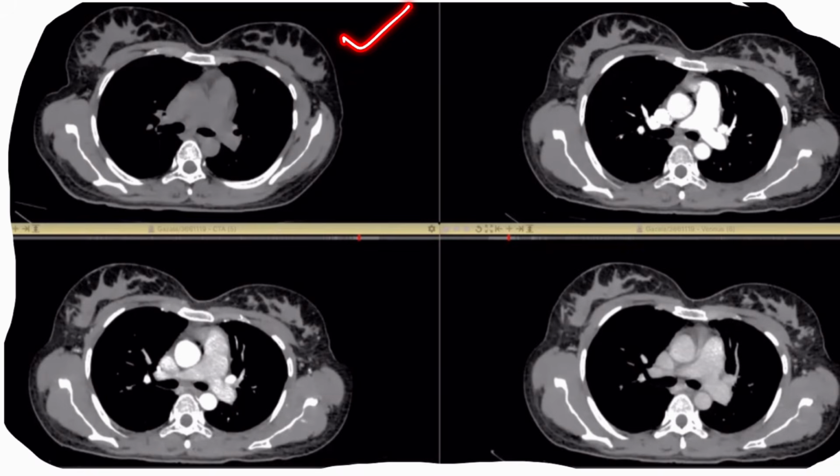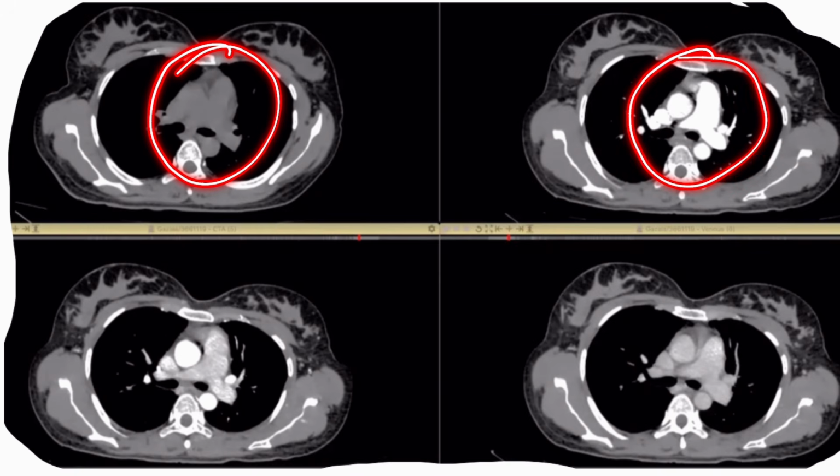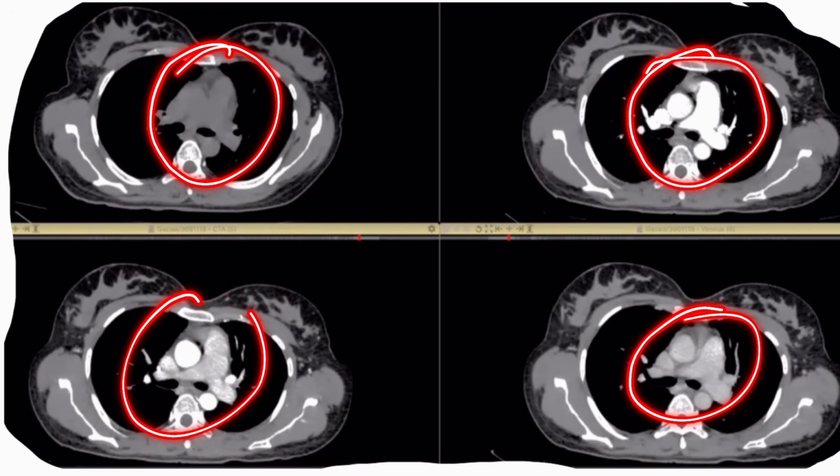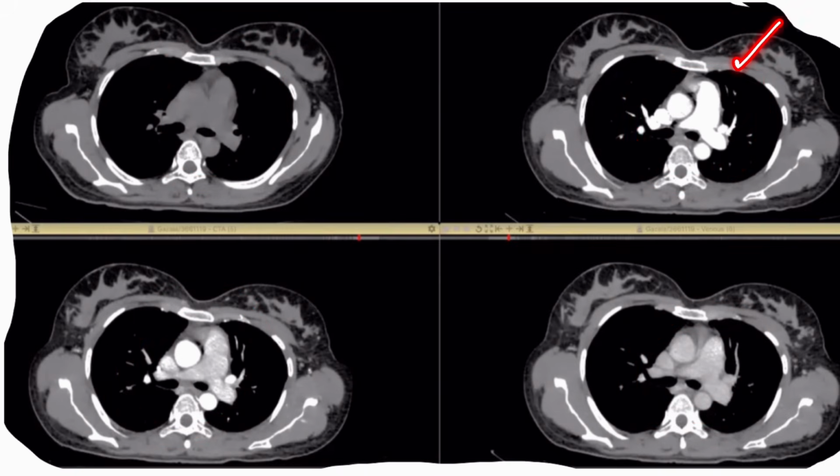So all four are mediastinal windows. Now, why is there a difference in these structures? In this part of the mediastinum, I cannot see the structures clearly, but in this I can see it clearly because these are contrast enhanced CT scans.